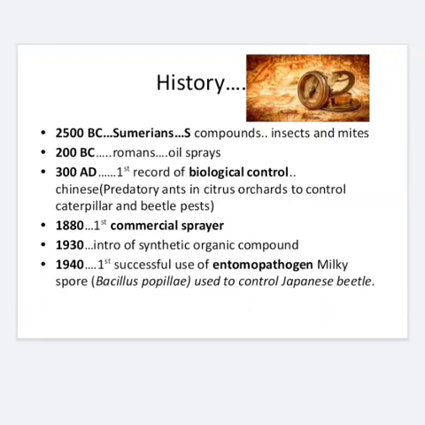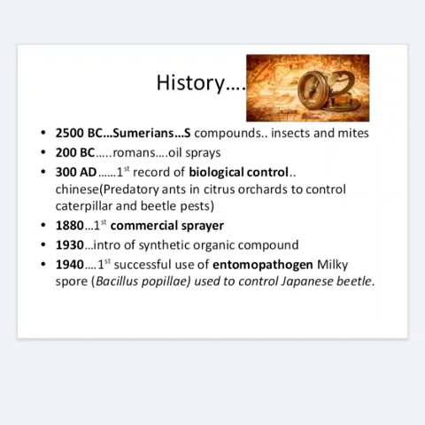Let's see history. If we go back to 2500 BC, Sumerians used sulfur compounds, then oil sprays to control pests. Then in 300 AD, the first record of biological control was found by the Chinese.